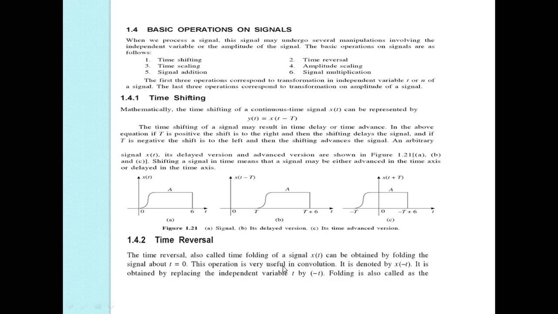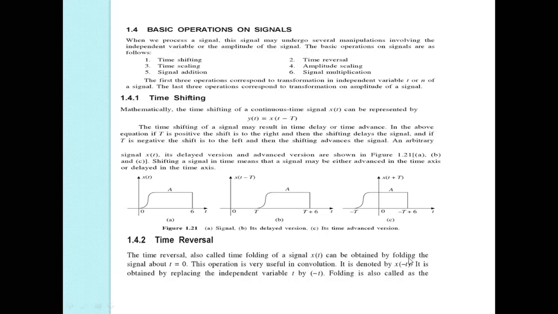This operation is very useful in convolution. In convolution, the integral from minus infinity to infinity of x of tau and h of t minus tau d tau is the equation for the output function y of t. Convolution is another topic we can discuss later.